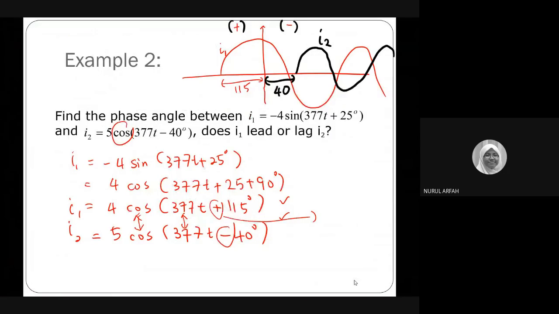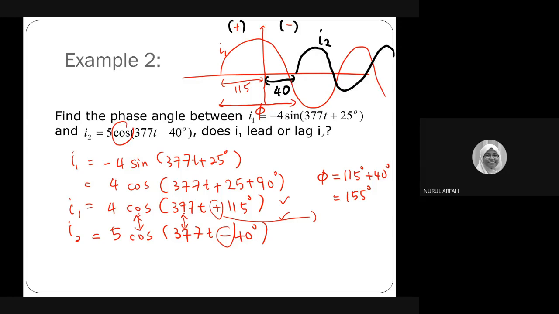So we have I2 on the right side. We start from the right side. Then what is this theta? 155. Plus 40, then you get 155 degree.